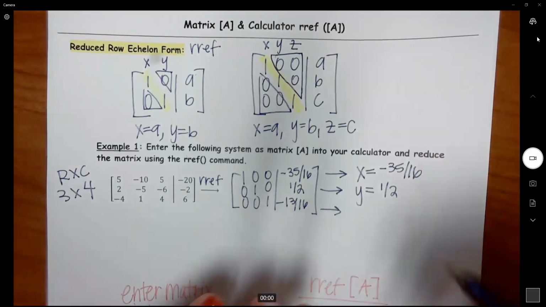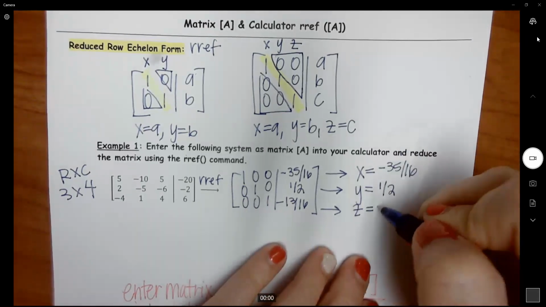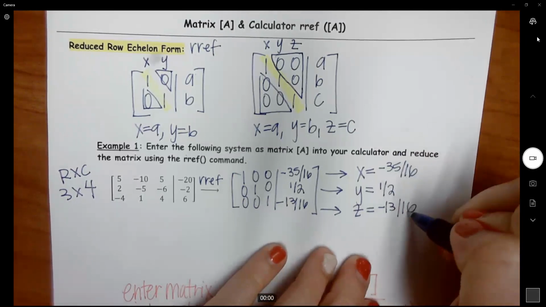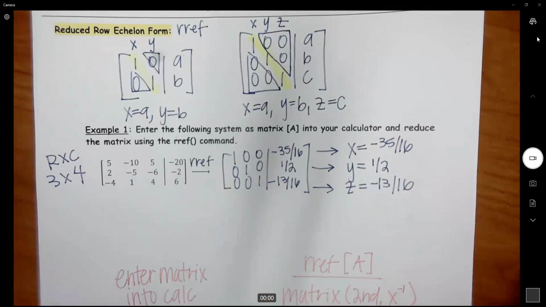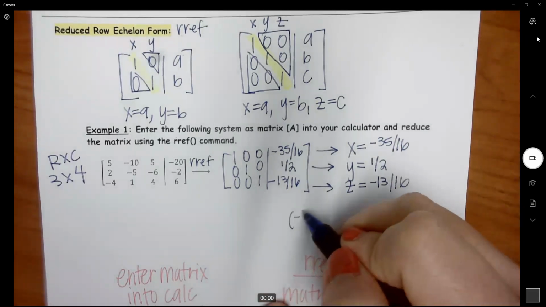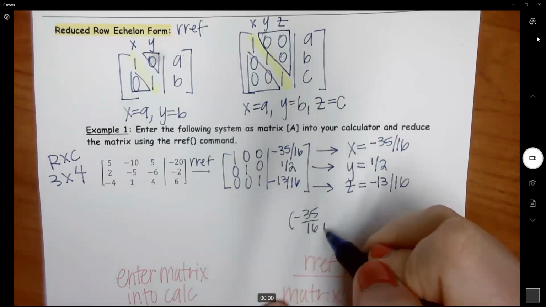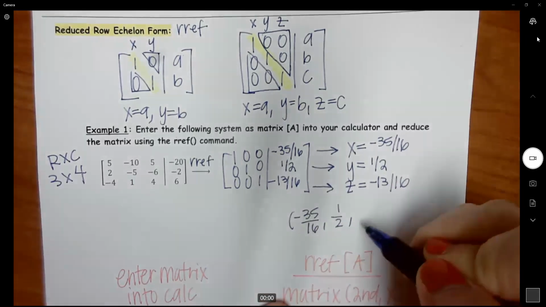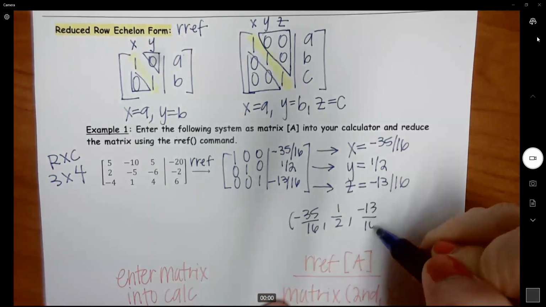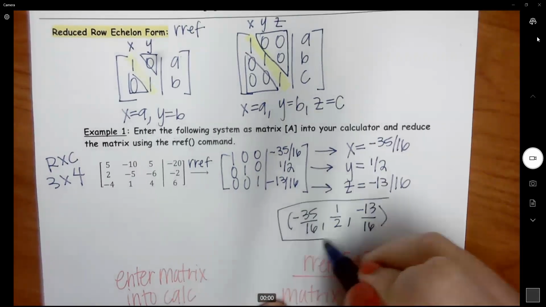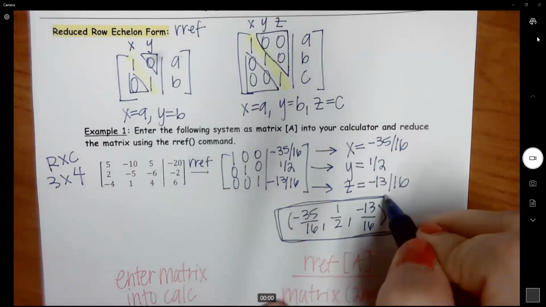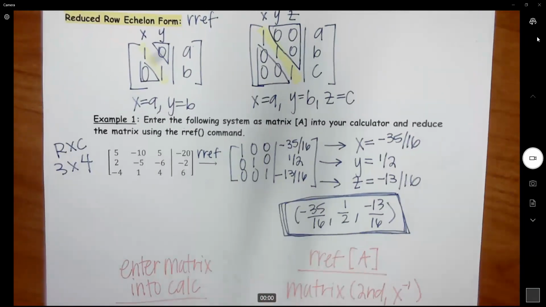No x or y, but this 1z equals -13/16. And we could write this as an ordered pair as well. And there's my answer.